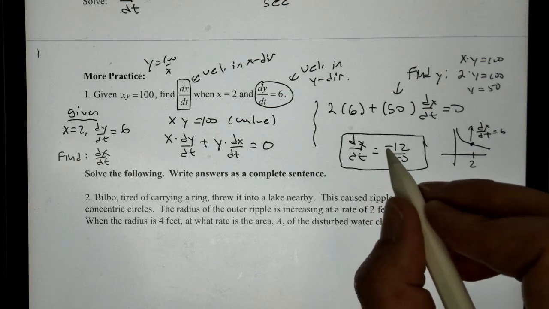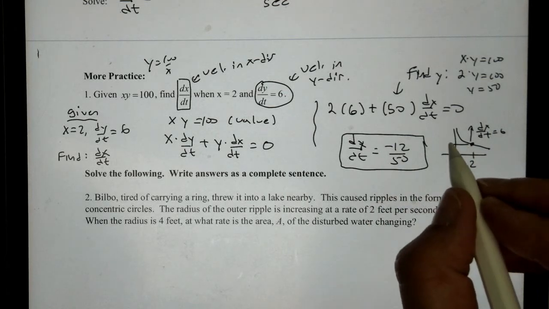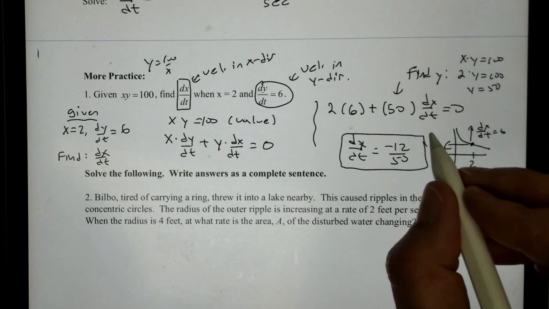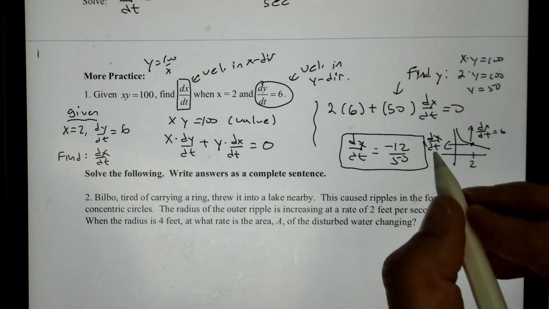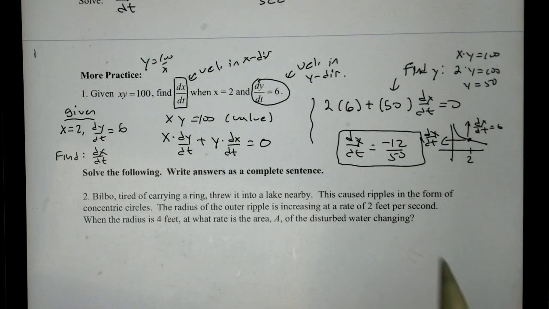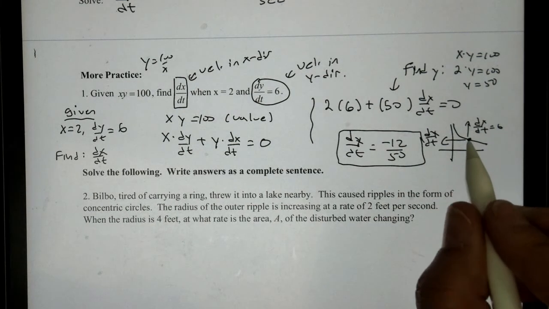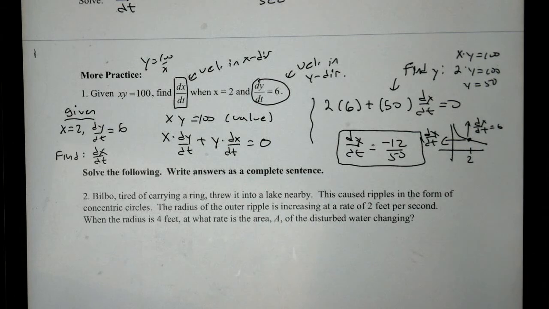And horizontally it's going in the negative direction, so it's going this way. So there's my dx/dt. So we know it's going up and to the left in this case, because it's negative. If this was positive, we'd be going up and to the right. So we kind of know our position.